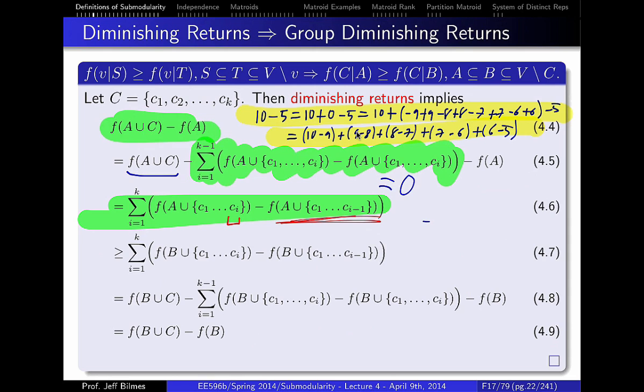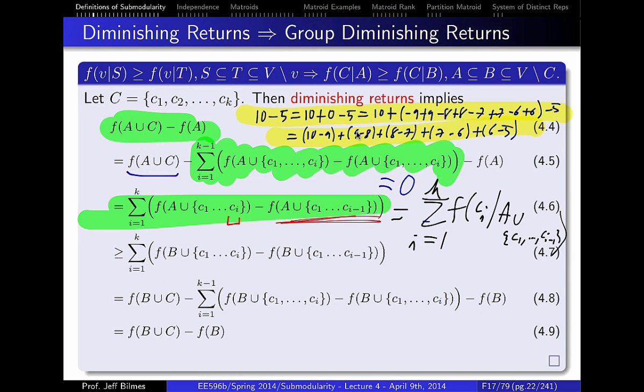So you could even write this, in fact, let's just do it. You could write this as equals the sum for i equals 1 to k of f of Ci given A union C1 through Ci minus 1.